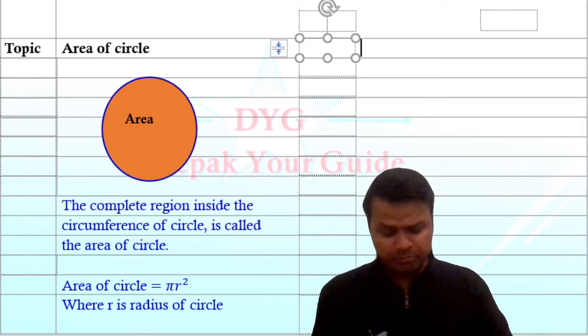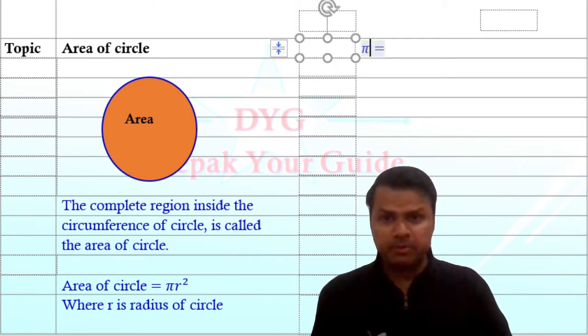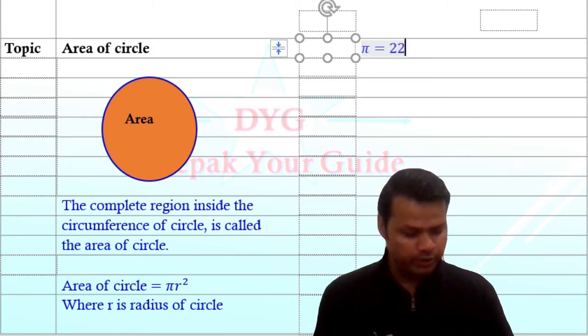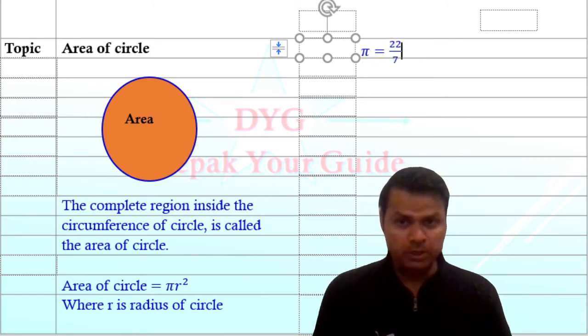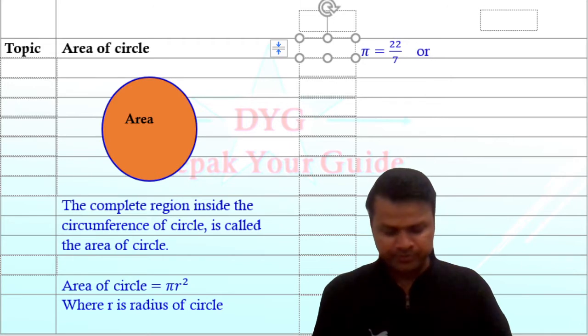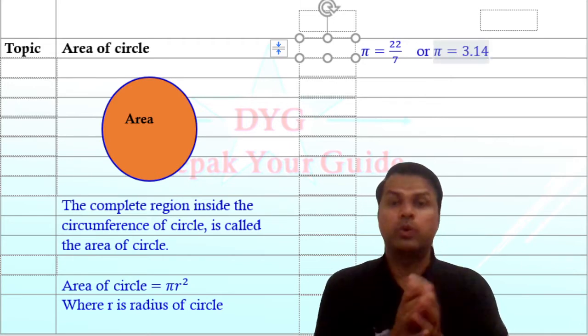And what is the value of pi? There are two values of pi. One is 22 by 7, which can be used, or we can also use the value of pi equal to 3.14.